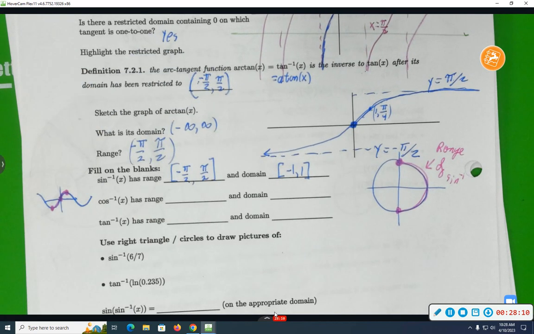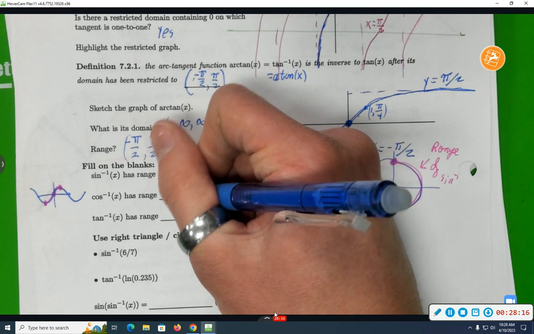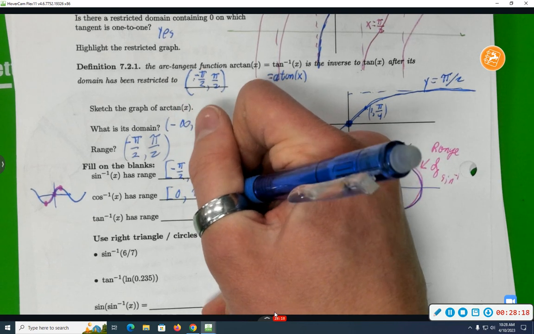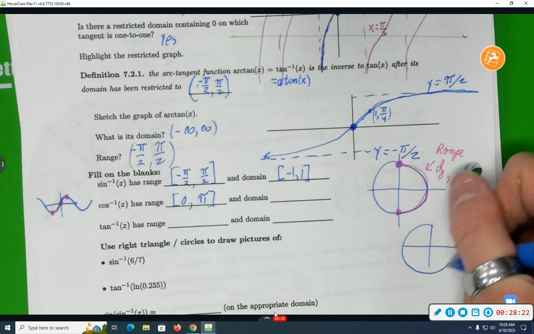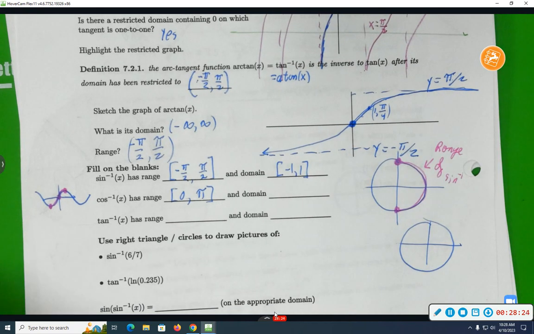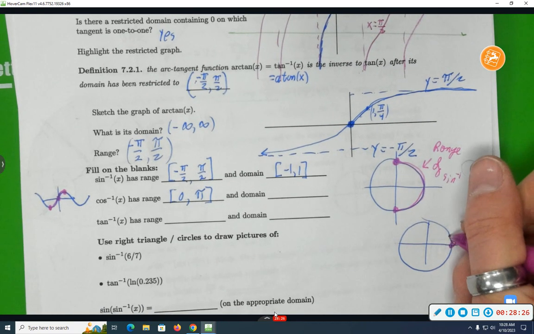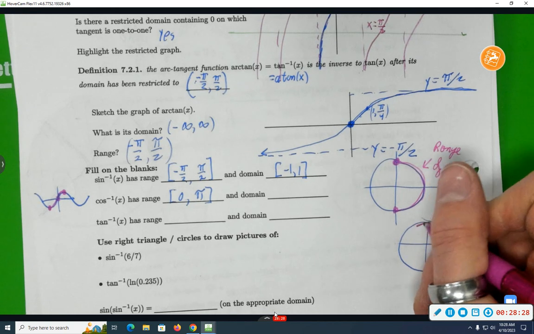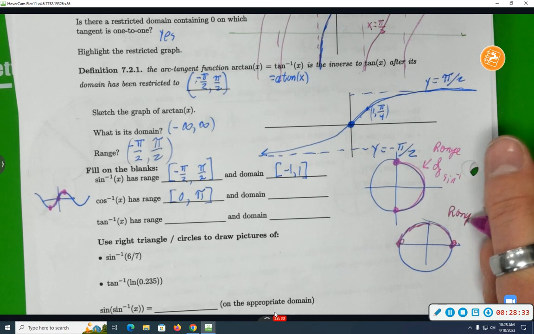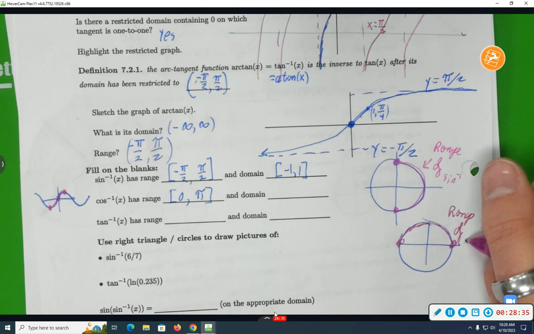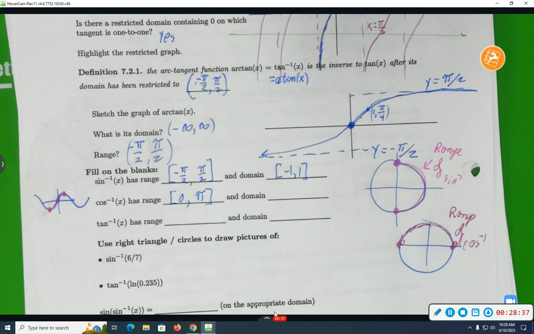What's the range of inverse cosine? 0 to pi, including. And I think that wants yet another picture. There's the range of cosine inverse.